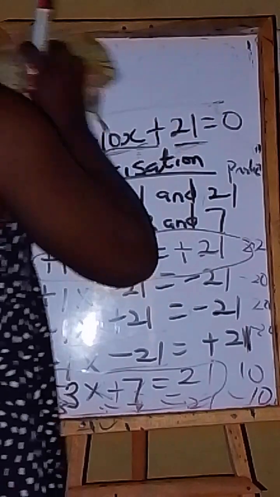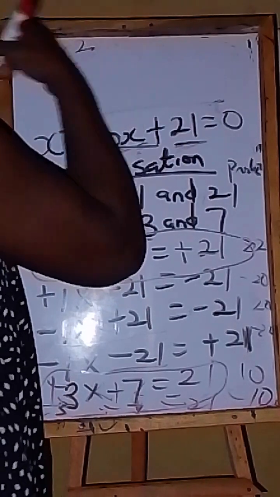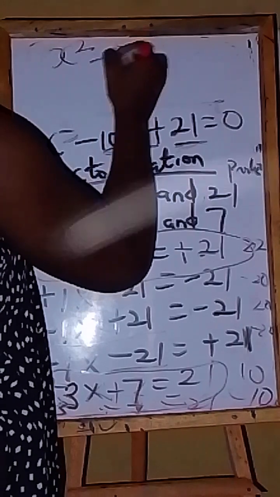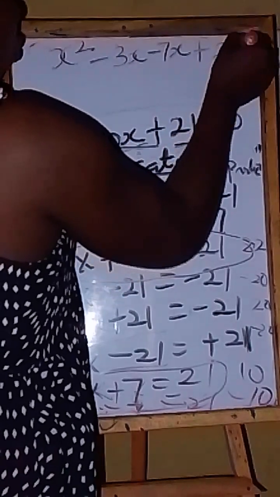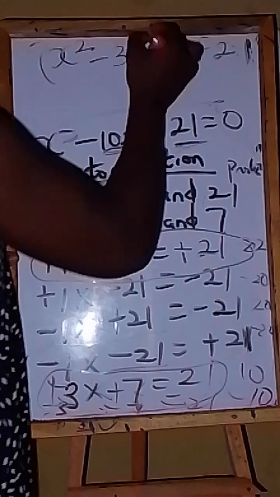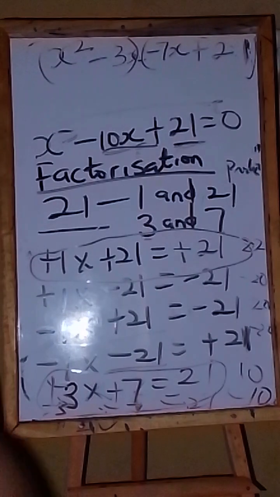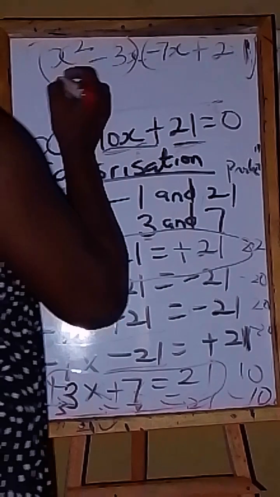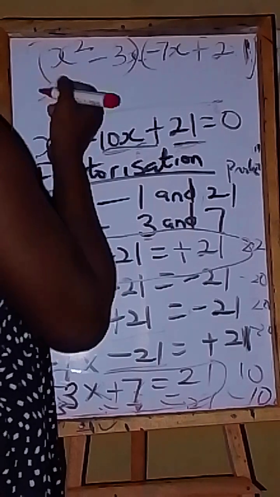So, let's solve it. We have x squared minus 3x minus 7x plus 21. So you bracket it. So looking at this, this is x.